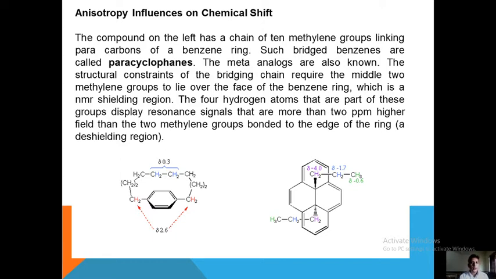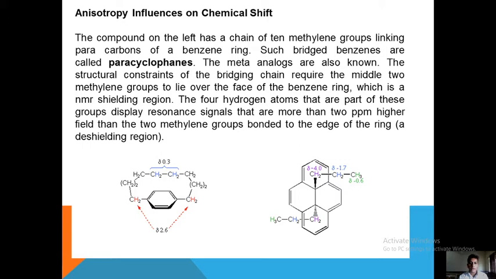The compound on the left has a chain of 10 methylene groups linking the para carbons of a benzene ring. Such a bridged benzene is called a paracyclophane. The meta analogues are also known. The structural constraint of the bridging chain requires the middle two methylene groups to lie over the face of the benzene ring, which is the NMR shielding region.